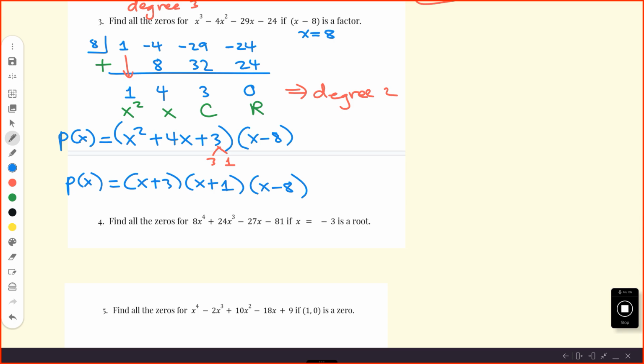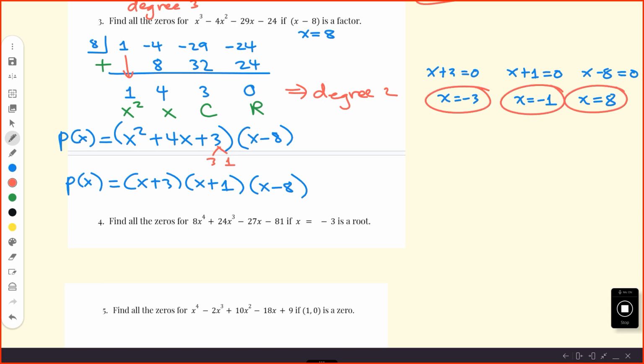We should have 3 zeros, and all of the zeros are real. So x plus 3 equals 0, x plus 1 equals 0, and x minus 8 equals 0. So x equals negative 3, x equals negative 1, and x equals 8. These are our 3 zeros or roots.